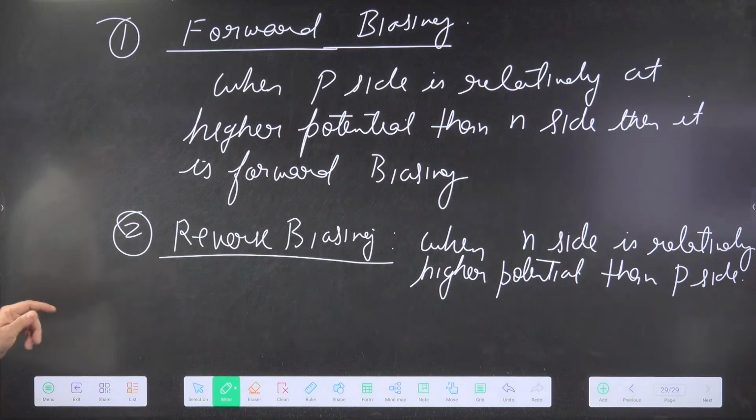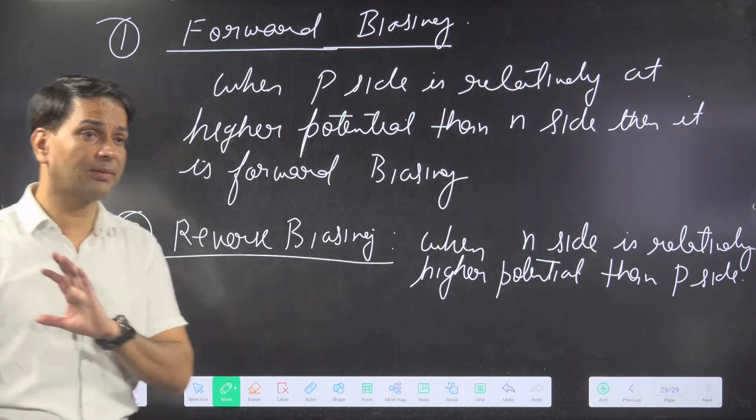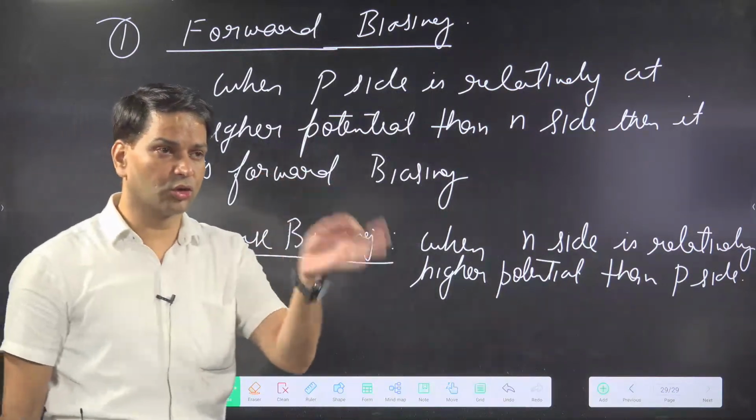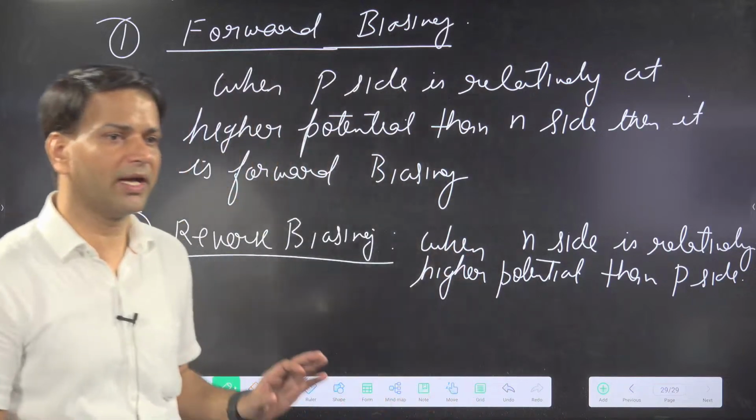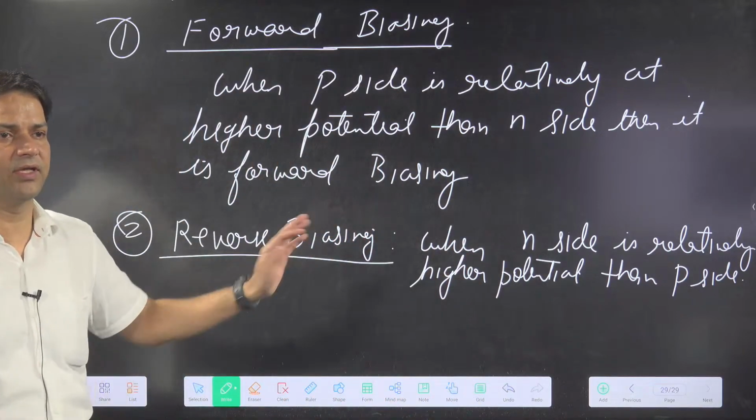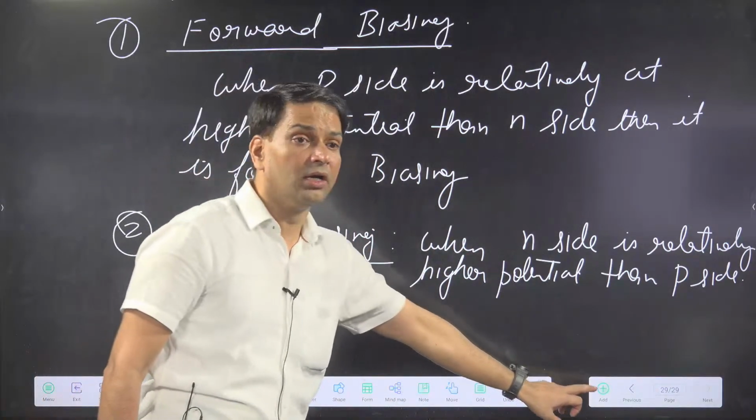Forward bias is when P is at the higher potential. Higher means I'm not saying positive, it should be the higher potential with respect to the N side. And if the N side is at relatively higher potential than the P side, it is called reverse biasing.